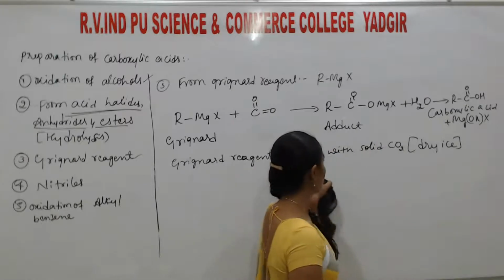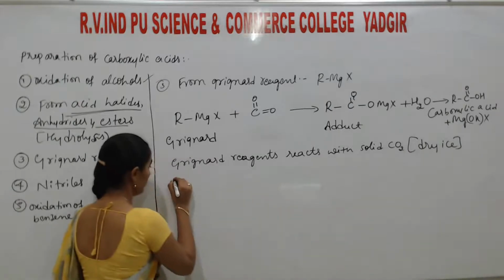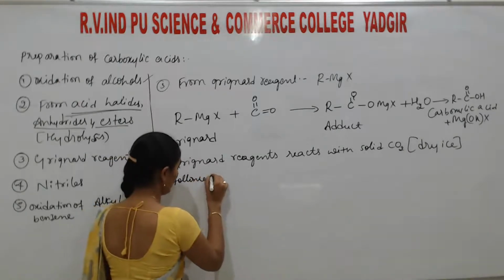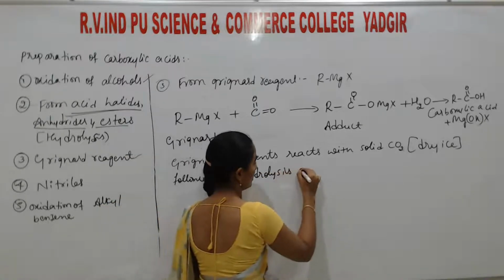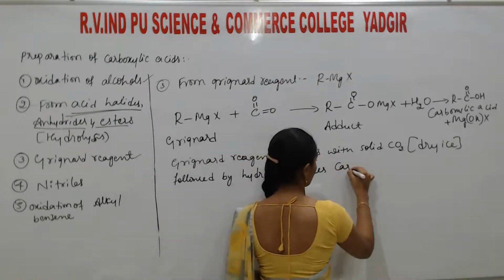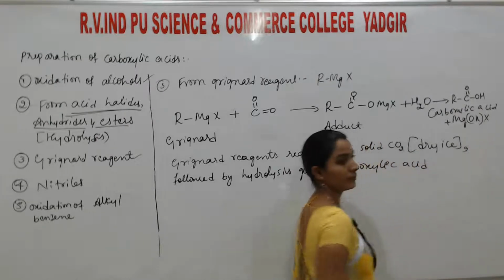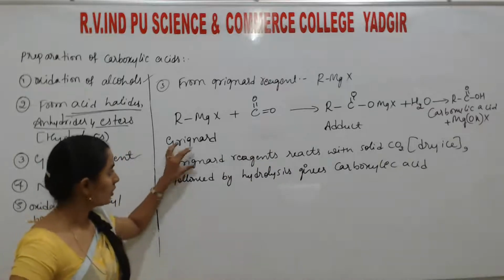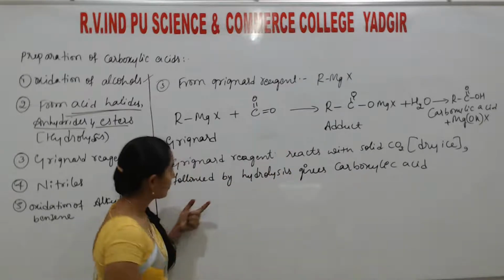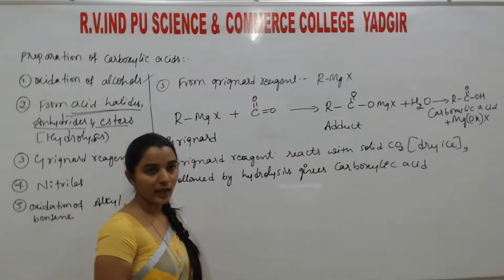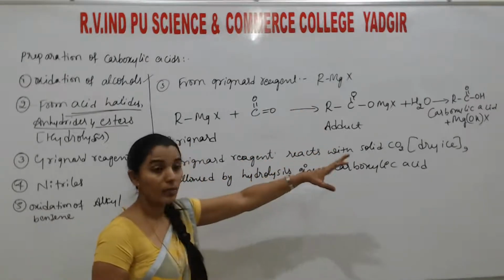When Grignard reagents react with dry ice, or solid CO2, followed by hydrolysis, it gives carboxylic acid. So Grignard reagent reacts with solid CO2 followed by hydrolysis to give carboxylic acid. This is the product. There is no particular name for this, so we can directly write the complete reaction.